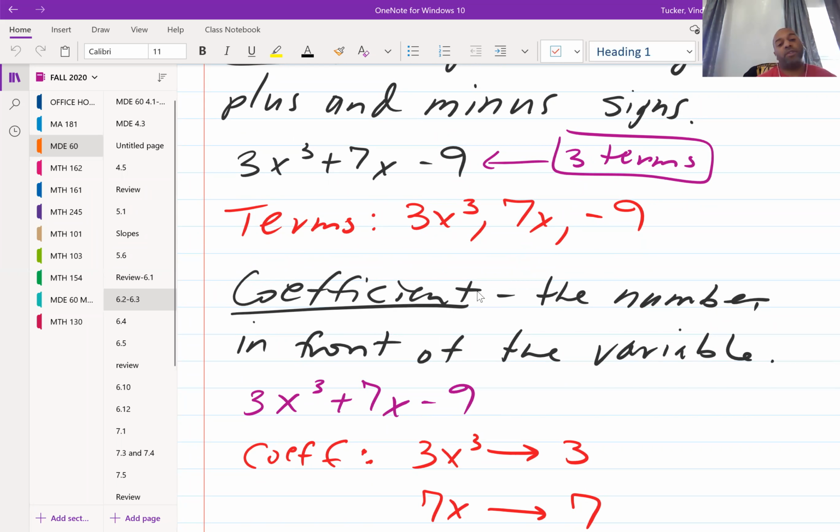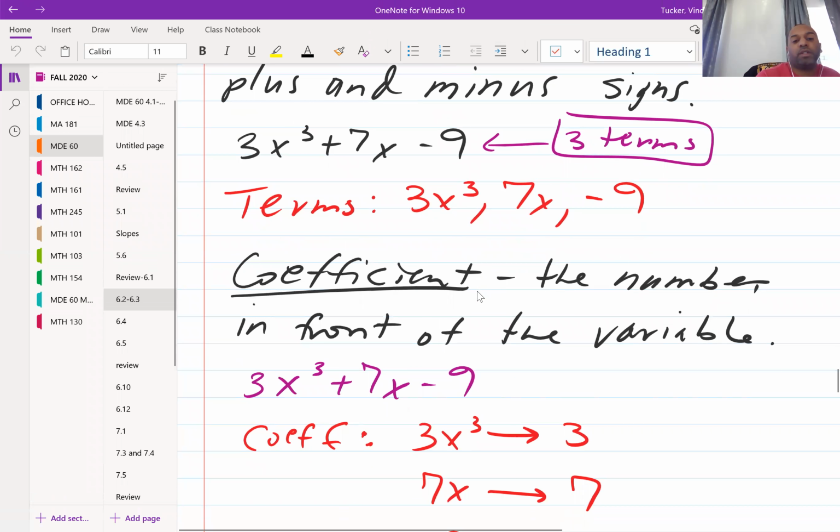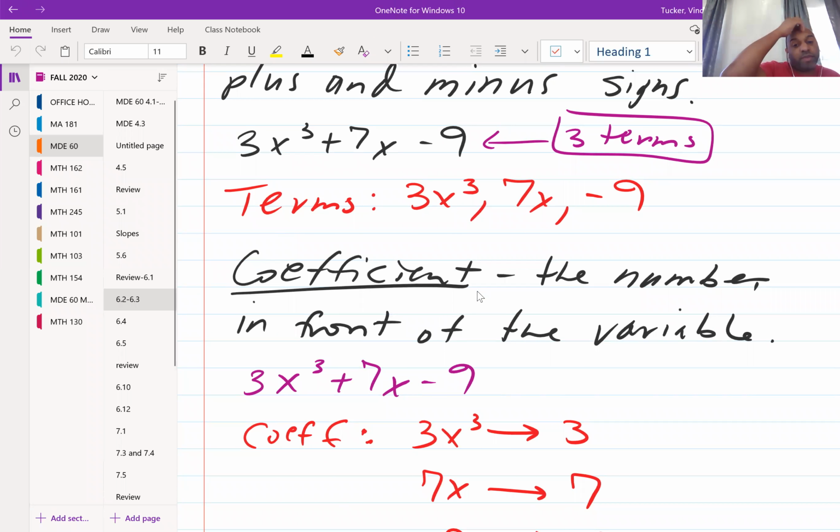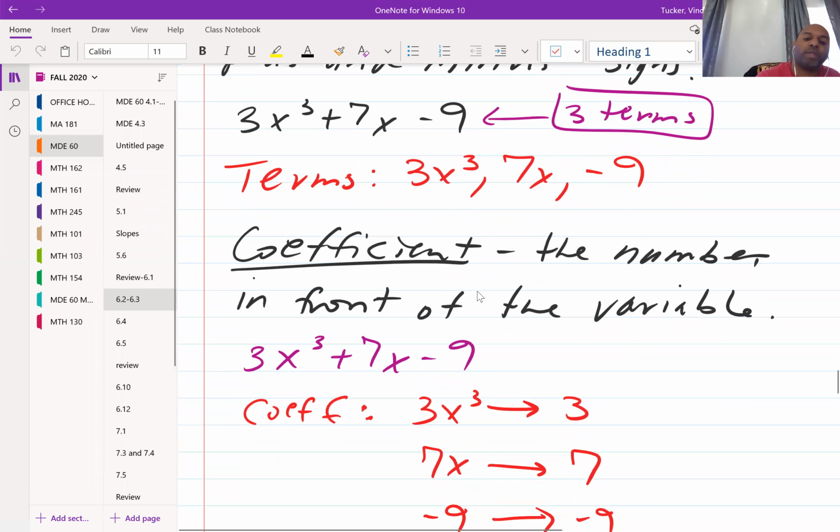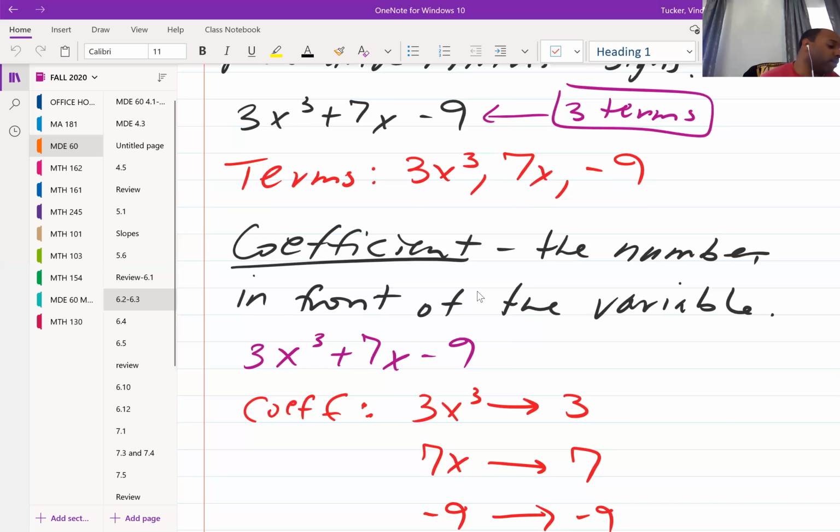So in 3x cubed, the coefficient is 3. In 7x, the coefficient is 7. And with negative 9, the coefficient would be considered negative 9.